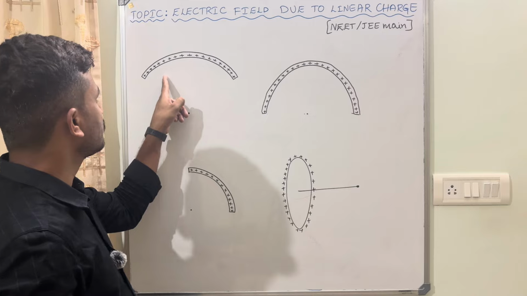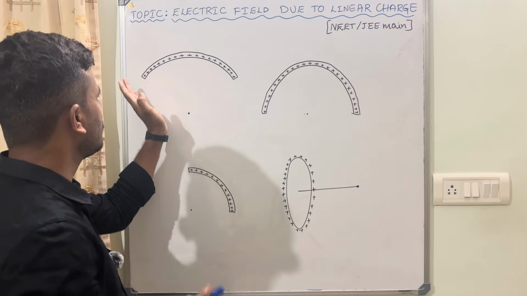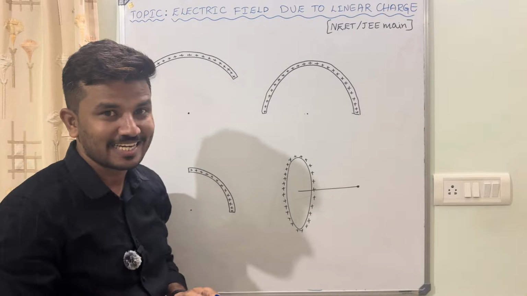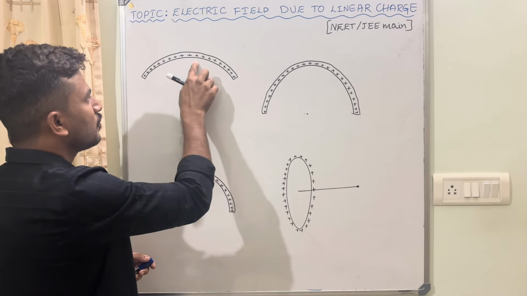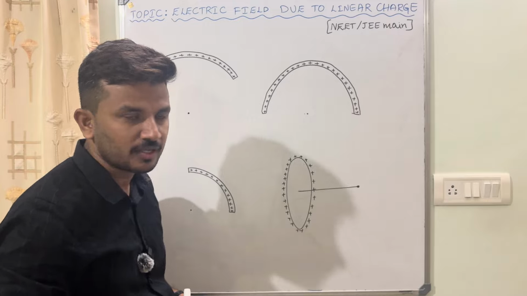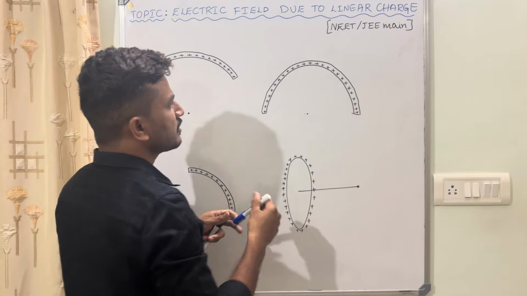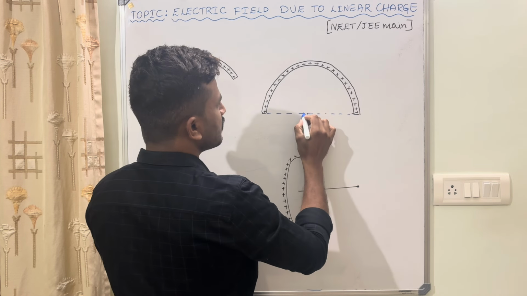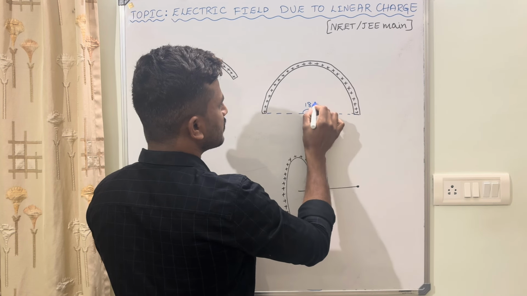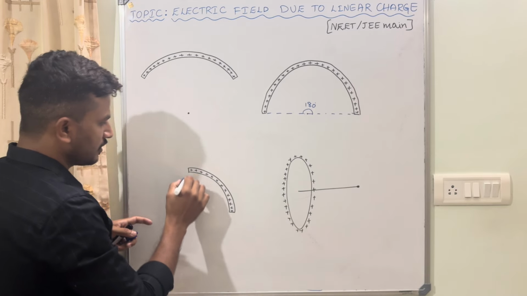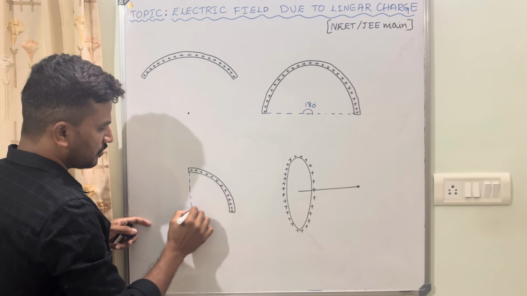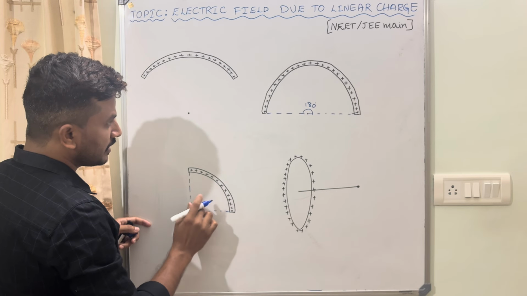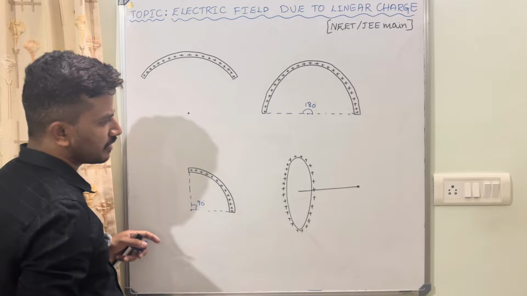Here we have some random angle made by the arc on which charge is distributed linearly. Due to this, what is the electric field here? Here we have the case wherein the curve is making an angle of 180 degrees, and here this is an arc making an angle of 90 degrees at its center.